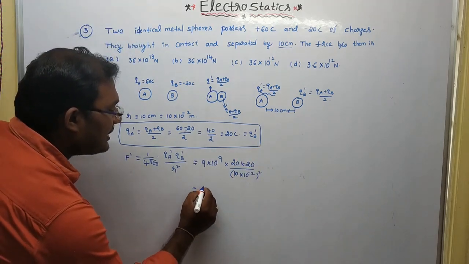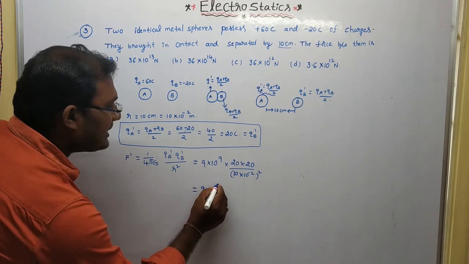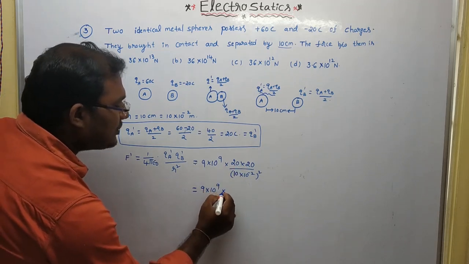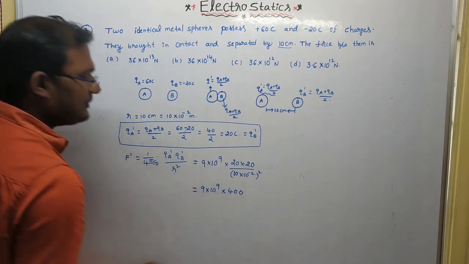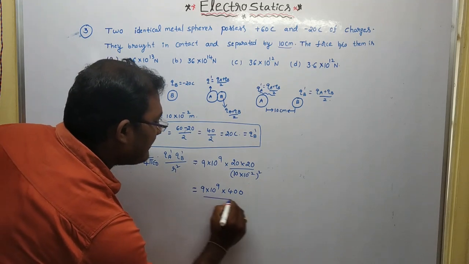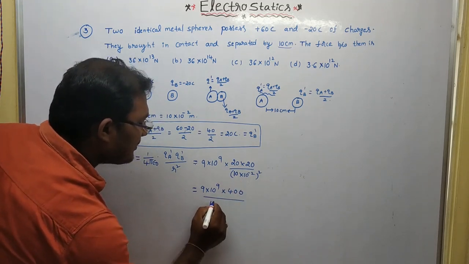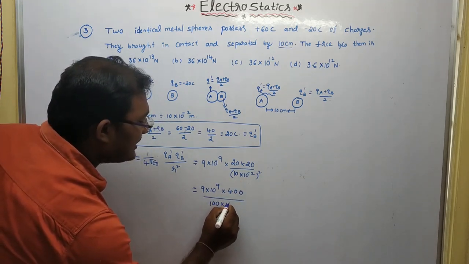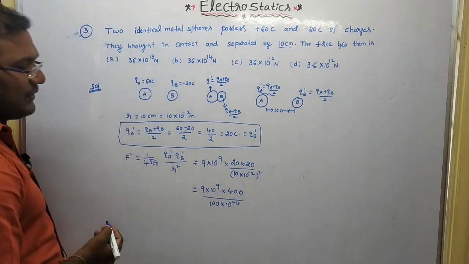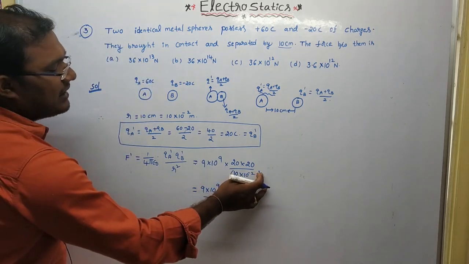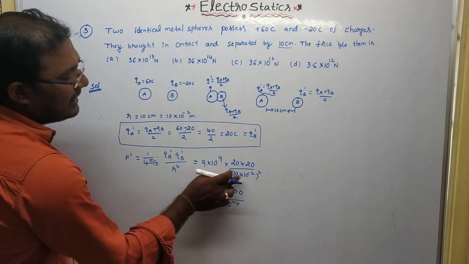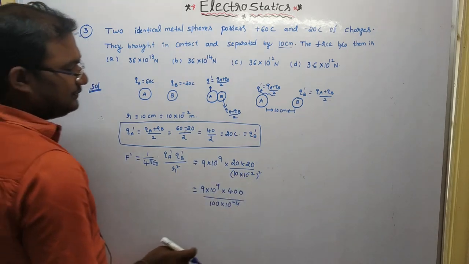Therefore, 9 into 10 power 9, 20 into 20 is 400, divided by 10 square, 100 into 10 power minus 4, which means the square applies to 10 and 10 power minus 2.